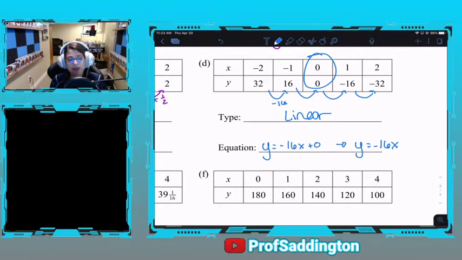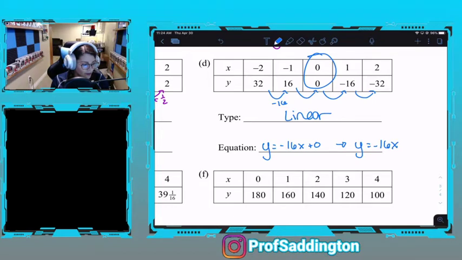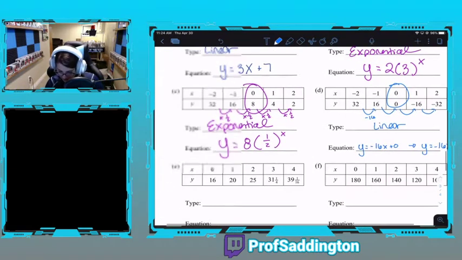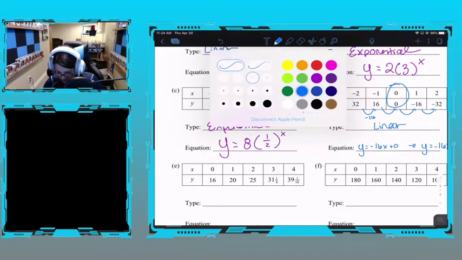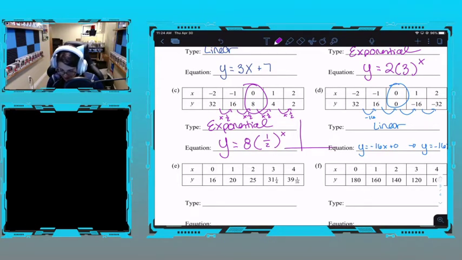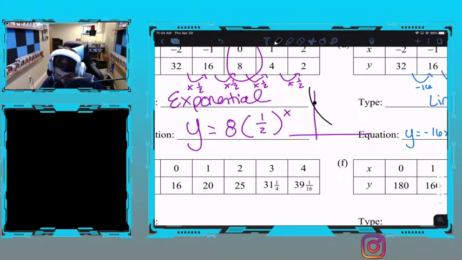Okay, next what I want to do is practice a little bit of average rate of change. Just because when we were graphing exponentials last time, we saw that it was on a curve. So like if I was to sketch this one right here, example C, say that's my axis, it would look something like this.